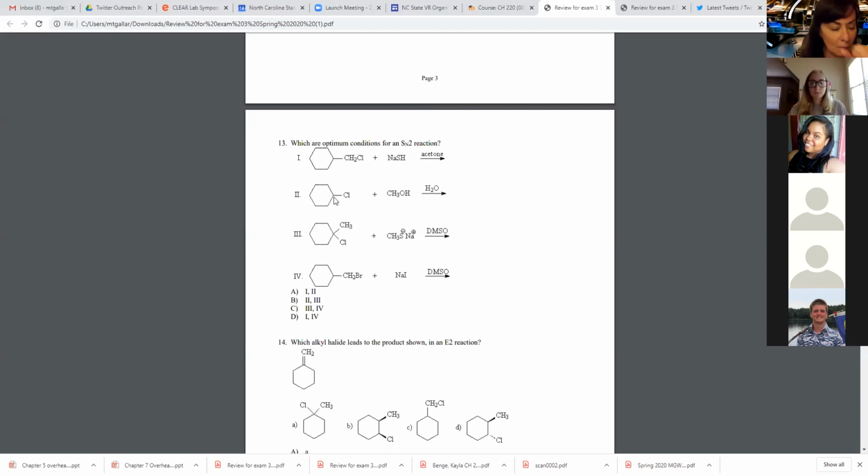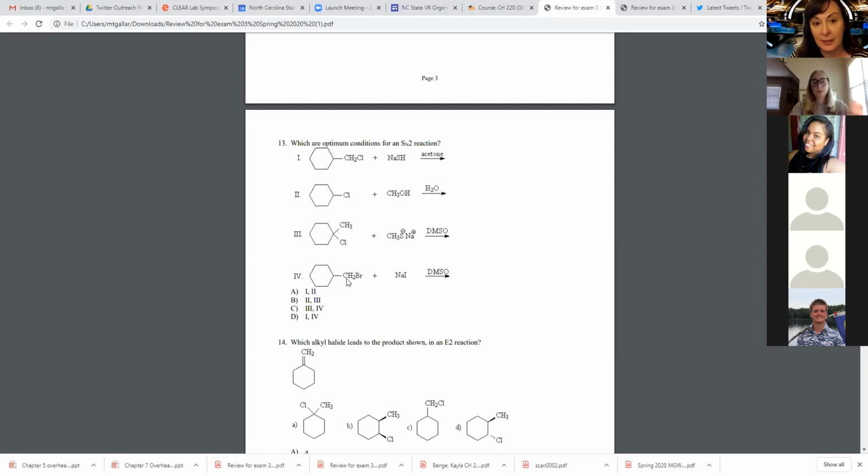Number 2, is it a primary carbon? No. Secondary. Number 3, is that primary? No. What kind is that? Tertiary. Yeah, tertiary, that's right. And the last one here, is that primary, secondary, or tertiary?